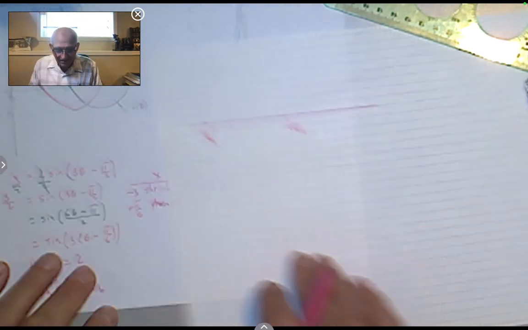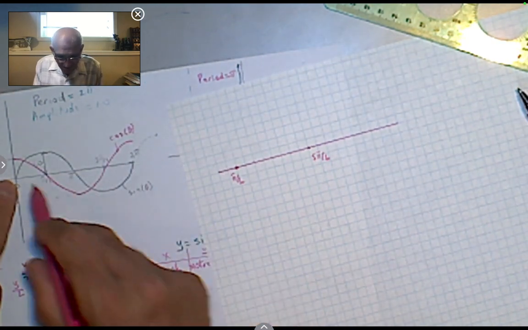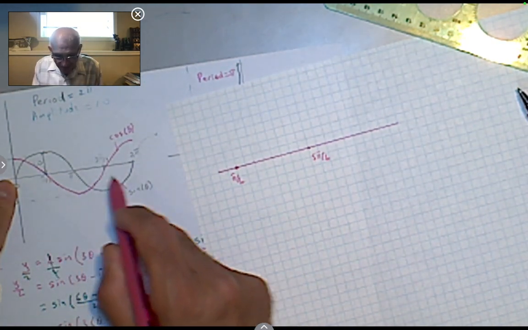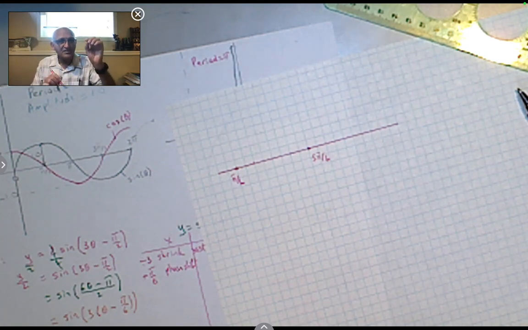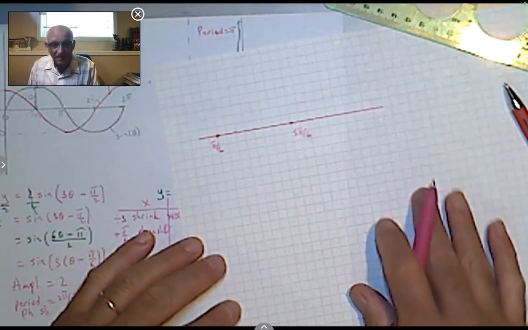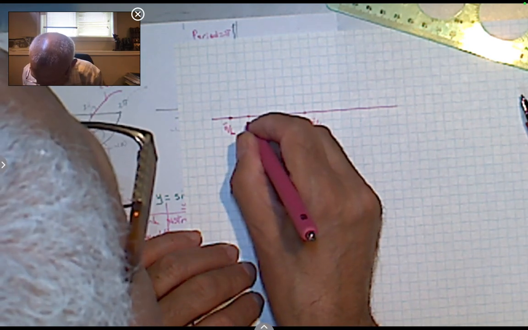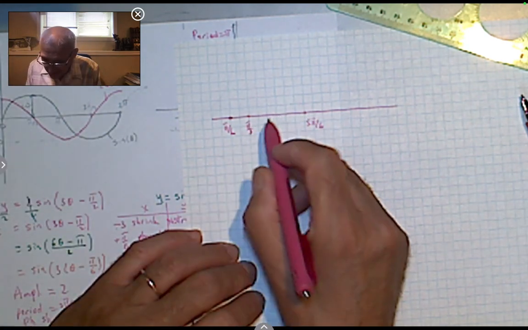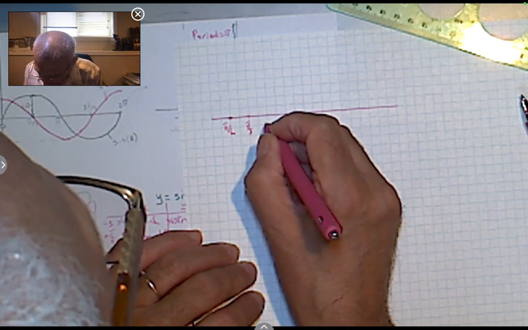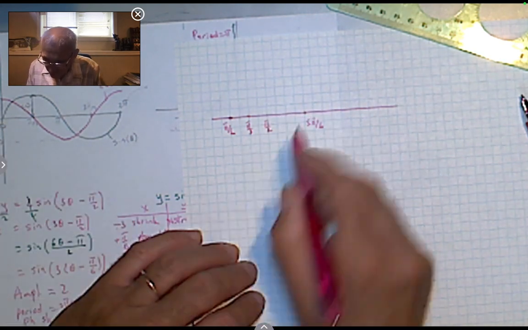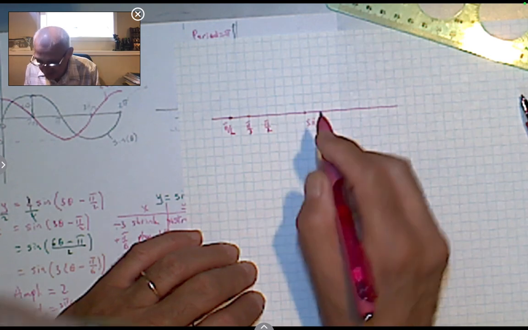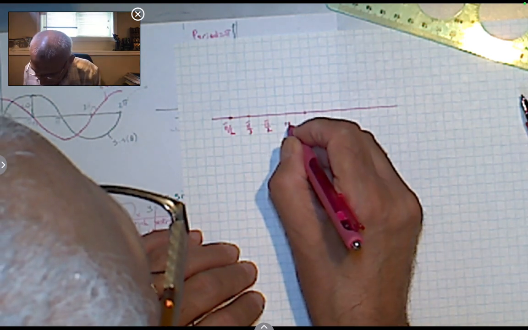Since I divided this period into 4 equal parts, I know where is the maximum, where is the minimum, where is the 0, I'm going to do the same thing. So this is 2 pi over 6, or you can write it pi over 3. This is 3 pi over 6, or pi over 2. This is 4 pi over 6, or 2 pi over 3.